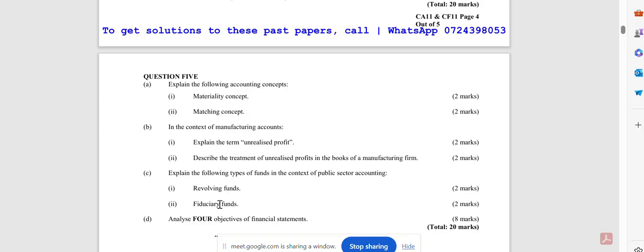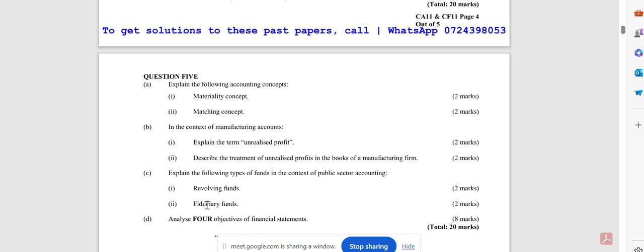Then the word fiduciary. We are all familiar with the word fiduciary. So remember, even the government is required to maintain a separate fund, on behalf of other governmental units, on behalf of other entities.